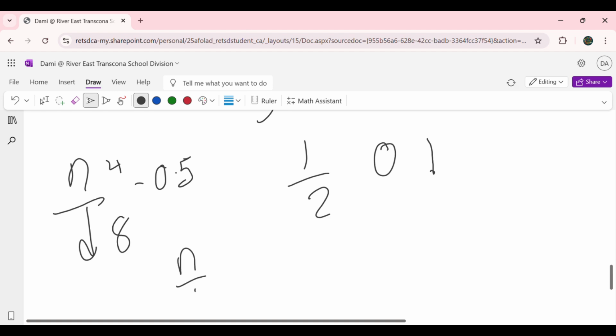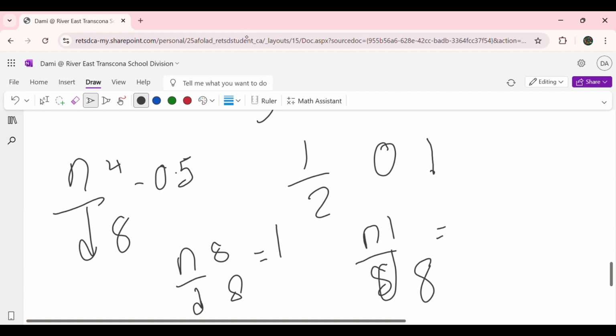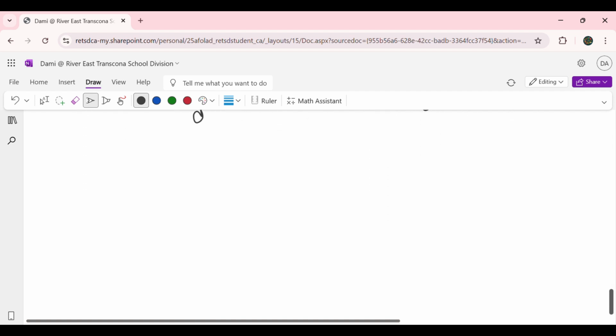If the numerator is equal to the denominator, so they are both 8, we know it is 1. If the numerator is much smaller than the denominator, like 1 over 8, we know it is closer to 0. And if the numerator is just below the denominator, we know the answer is closer to 1.